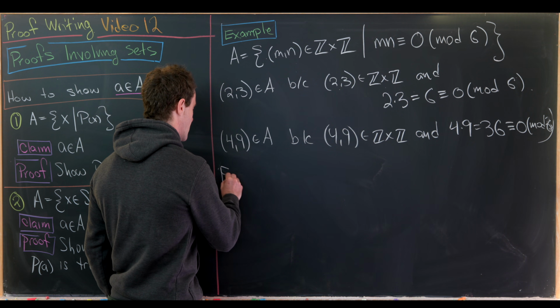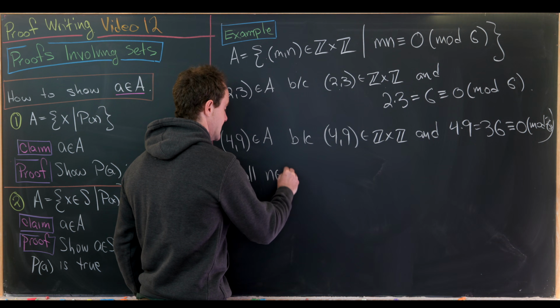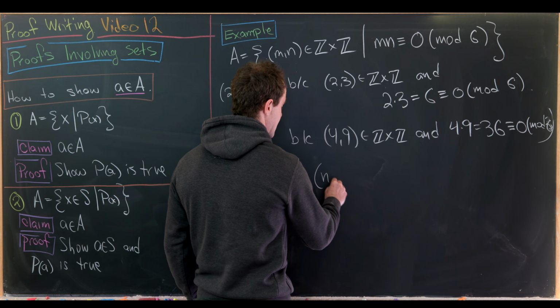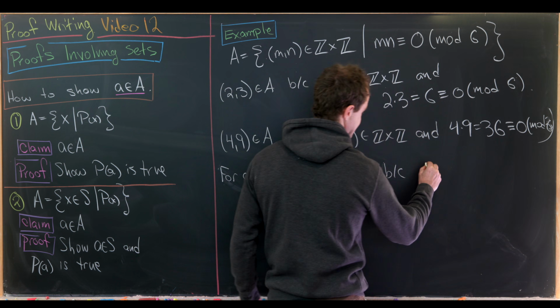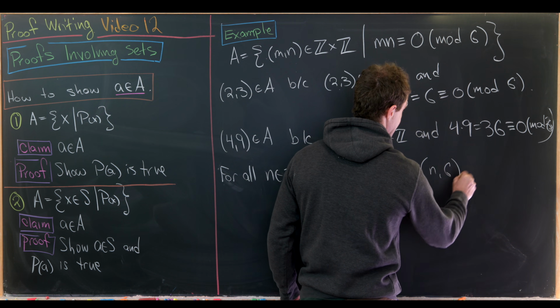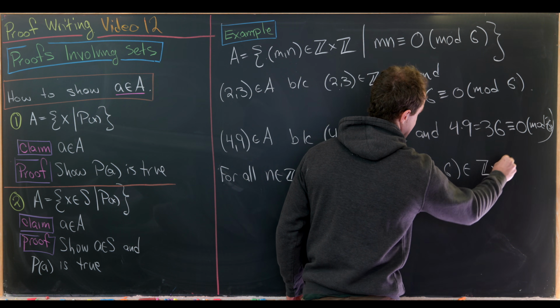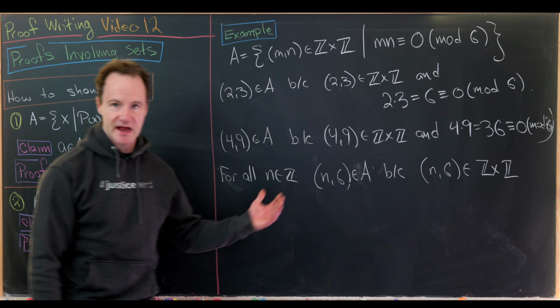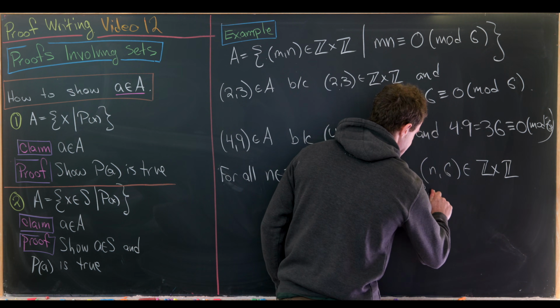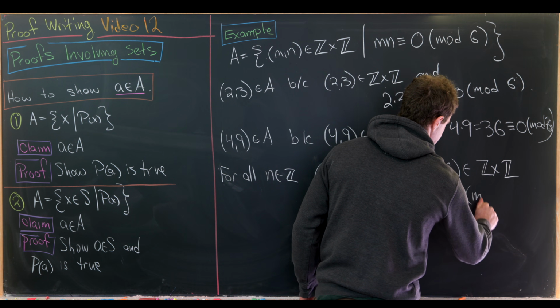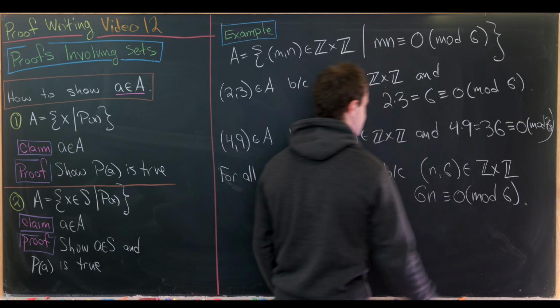Let's note for all n in Z, the ordered pair (n, 6) is in A. And that's because it starts off being inside of Z cross Z. That's the first rule that it has to satisfy, and then the stricter rule that it has to satisfy is that 6 times n is congruent to 0 mod 6.